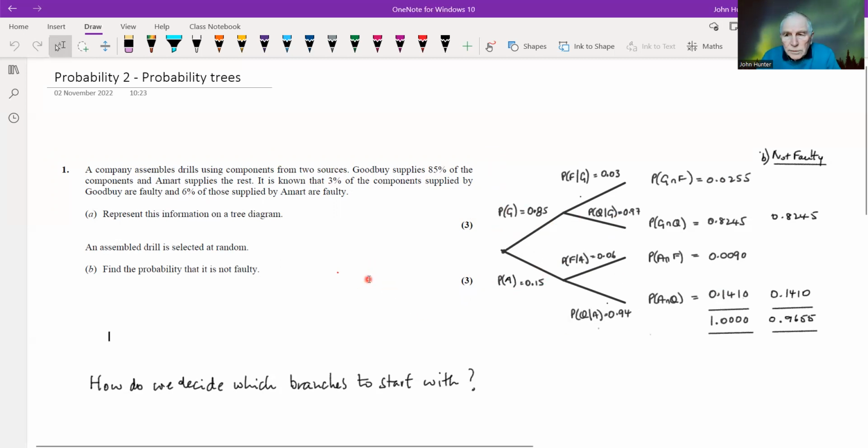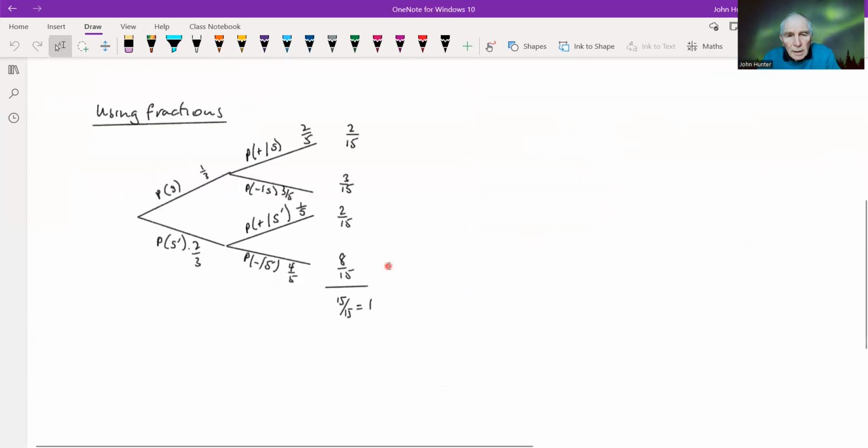The only other thing I wanted to mention was, very often the probabilities are given as fractions. This is from another example, but if they're given in fractions, when you multiply across, don't be tempted to simplify. 3/15, for instance, you might be tempted to write as 1/5.